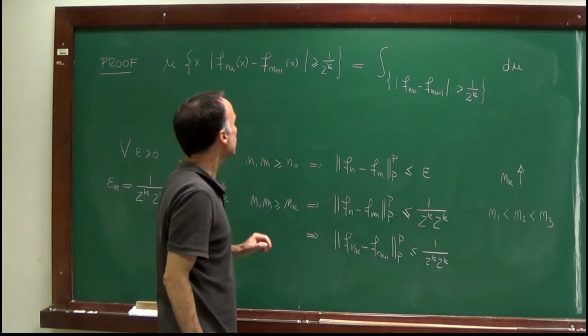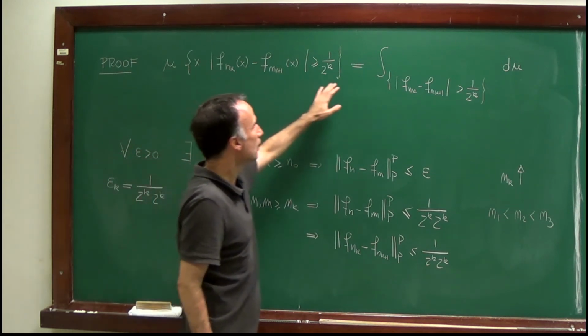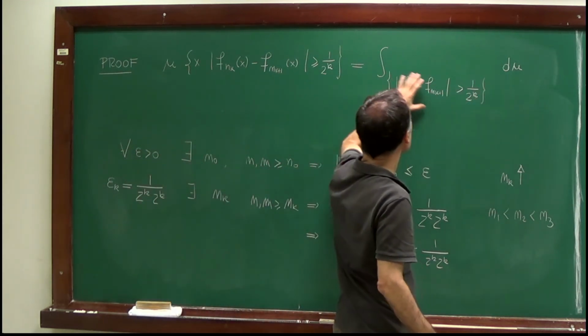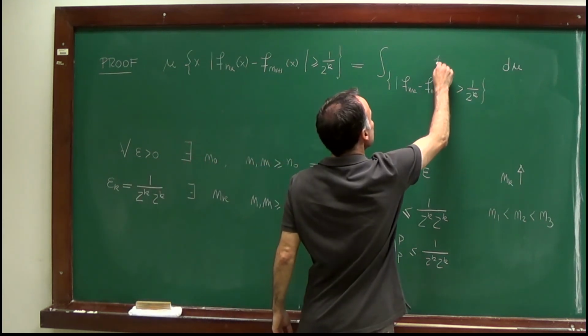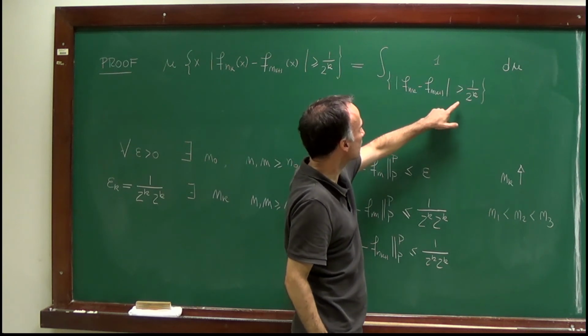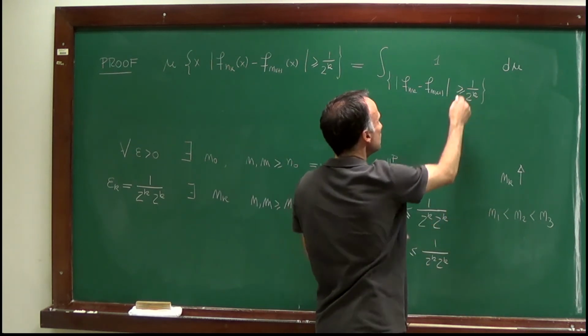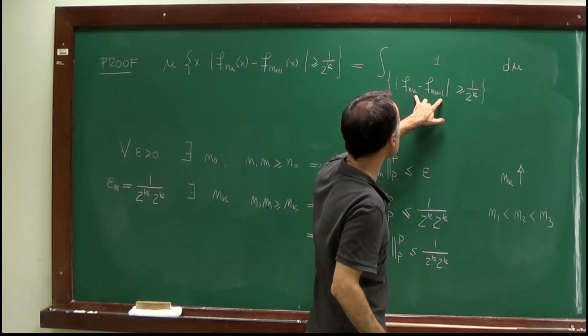For the moment we just write the measure of this set as the integral over the set of the function 1. You see that on the set, 1 is bounded above by 2 to the power k times this difference.